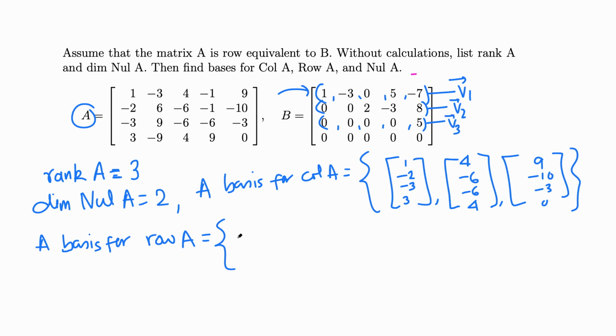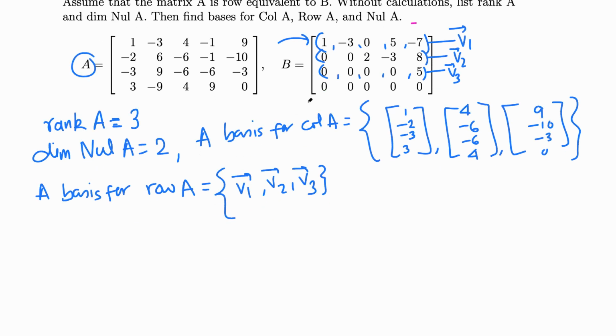If I list here, they form a basis for row A. So V1, V2, V3. I'm just being lazy to copy these vectors.